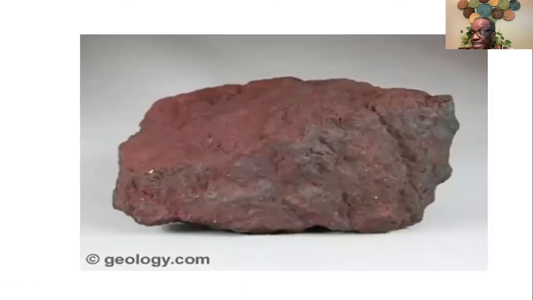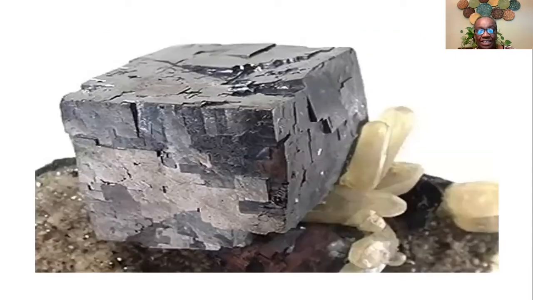Okay, and this one is an oxide, and this oxide is hematite. And when you look at the picture of it, it kind of reminds you of dried blood. And you know, blood has hemoglobin in it. So this is hematite, and it's an oxide. All right, this one is galena, and it is an example of a non-silicate that is a sulfide.